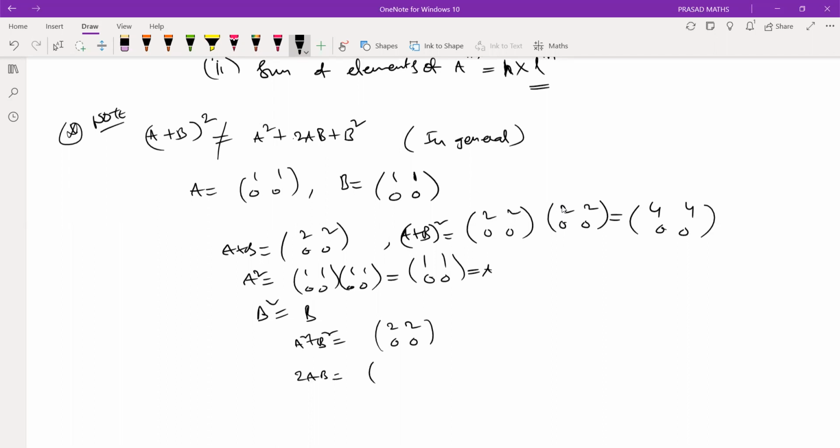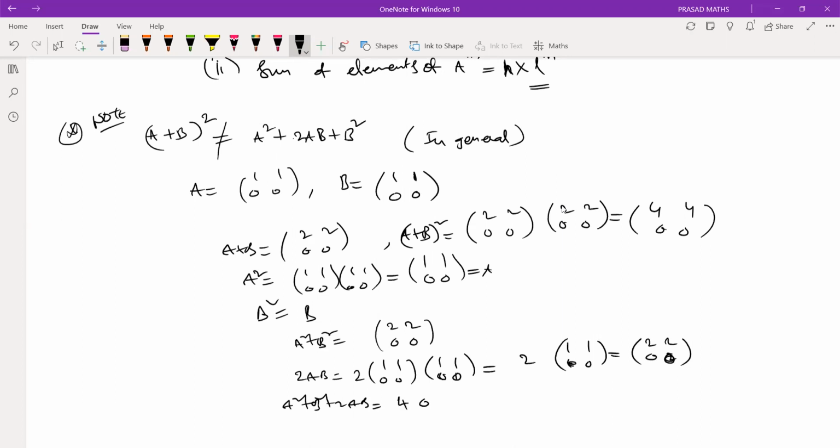What is 2AB? You can take a different example. Actually, this example doesn't work, since A square plus B square plus 2AB comes out the same as (A plus B) whole square, 4, 0, 0, 0.